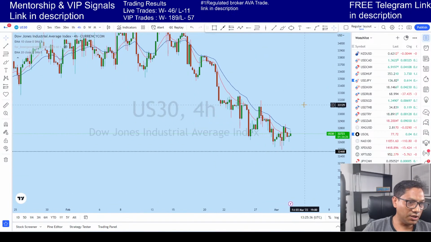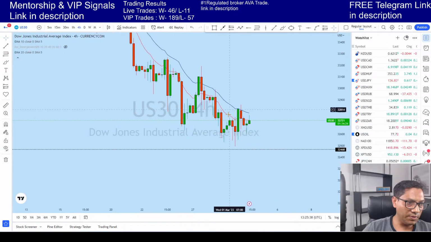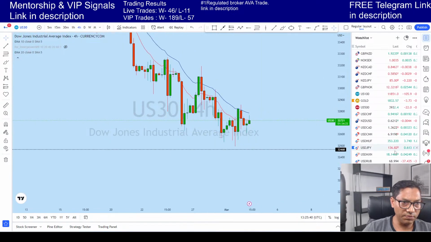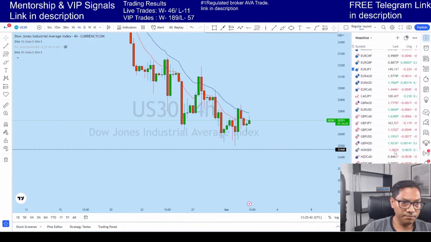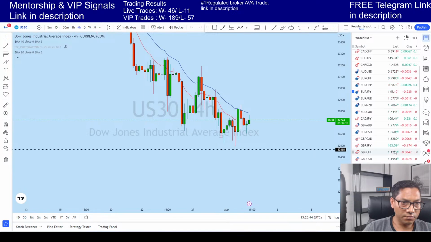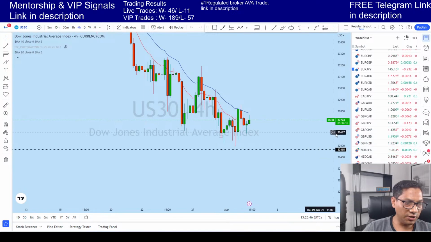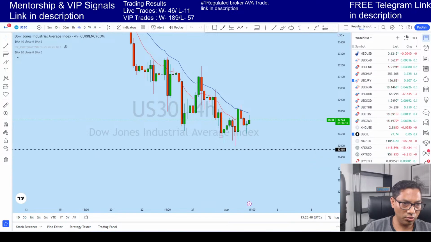Looking at US30, now US30 is consolidating, as I mentioned, in the zone that we discussed before. You see that US30 is consolidating along this zone.